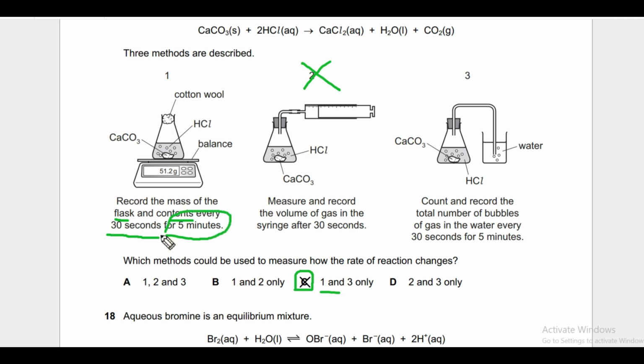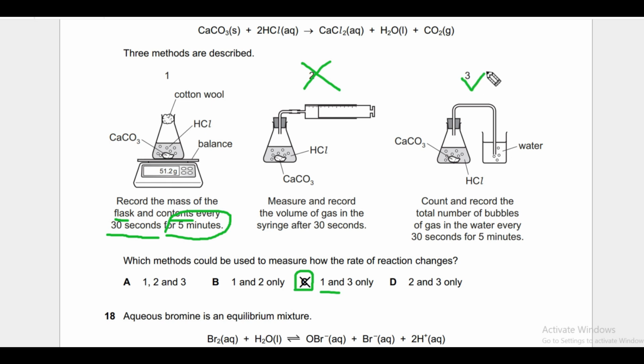That means after a certain time, after every 30 seconds, up to 5 minutes, that means 10 times you can measure the mass of the contents. So gradually mass will decrease. So you can measure the rate of reaction.